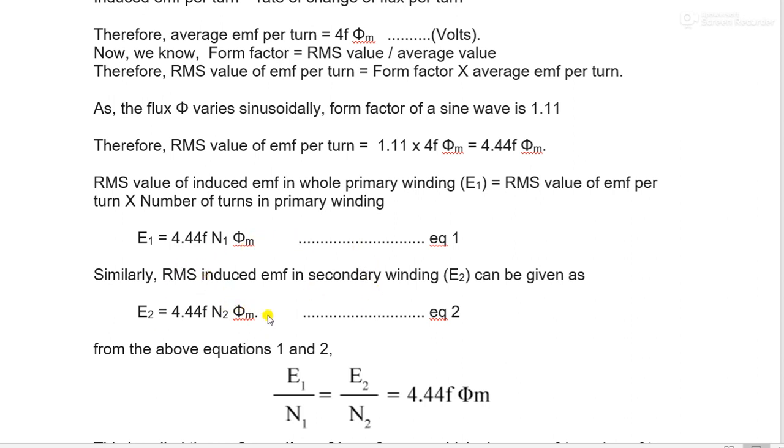Similarly, RMS value of induced EMF in the secondary winding, that is E2, EMF in secondary, which is mutually induced EMF, can be given as E2 is equal to 4.44 f times N2 times phi m. We treat it as equation 2.